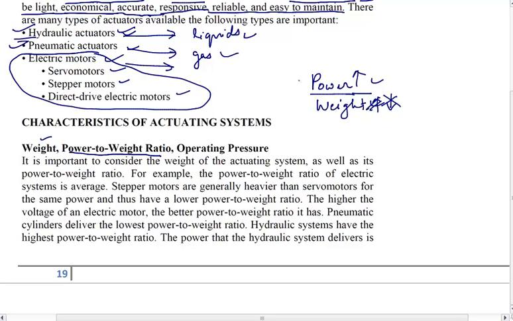Or you can have low power and somewhat considerable weight, because of which again the power to weight ratio is good, but not that high. In electrical systems, the weight is less and the power is also a little less, not as much as the hydraulics one. So the power to weight ratio is very crucial when we select for different applications.